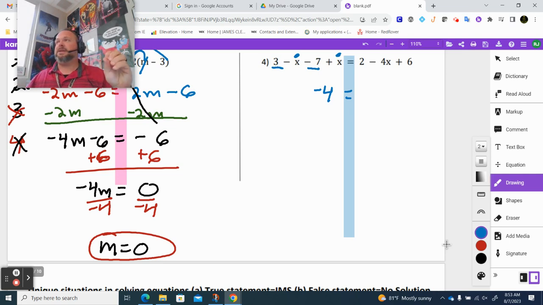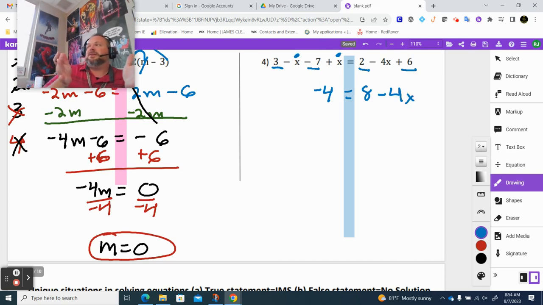For you OCD people, this is right up your alley. For y'all COD people, y'all have no idea what I'm talking about. Now, on the right hand side, I have a 2 and a 6. So what's 2 plus 6? 8.